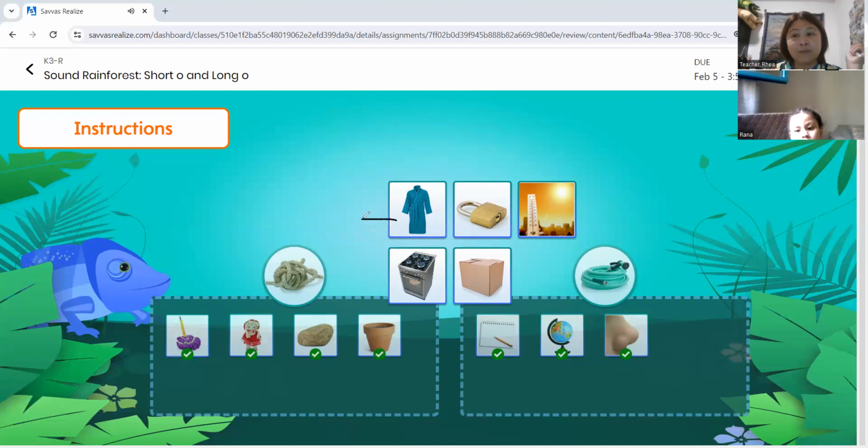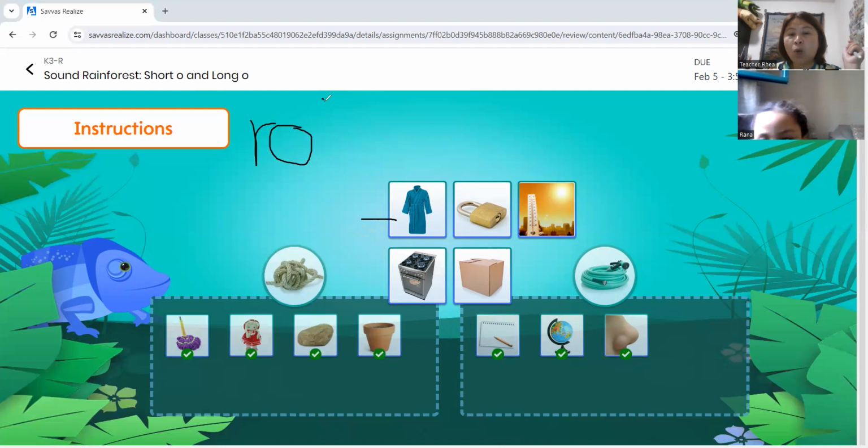Next, do you know what this picture is? It's a robe. Very good. So can you tell me the spelling of robe? How do you spell robe? R. Very good. B. What's the next letter? O. Very good.